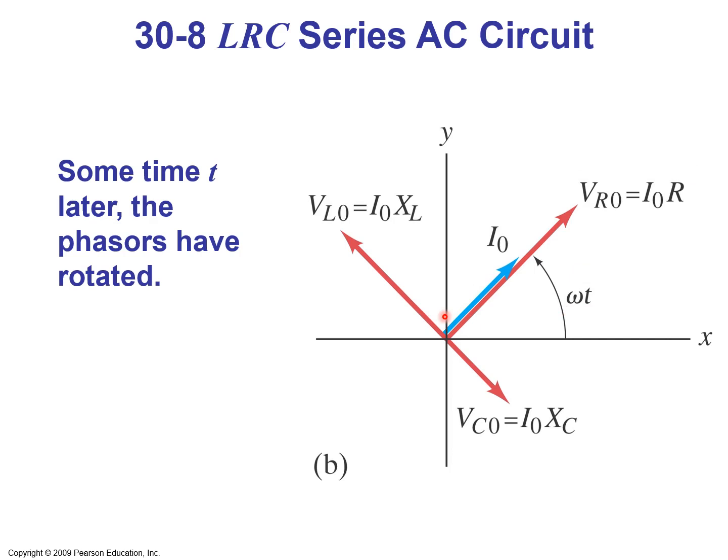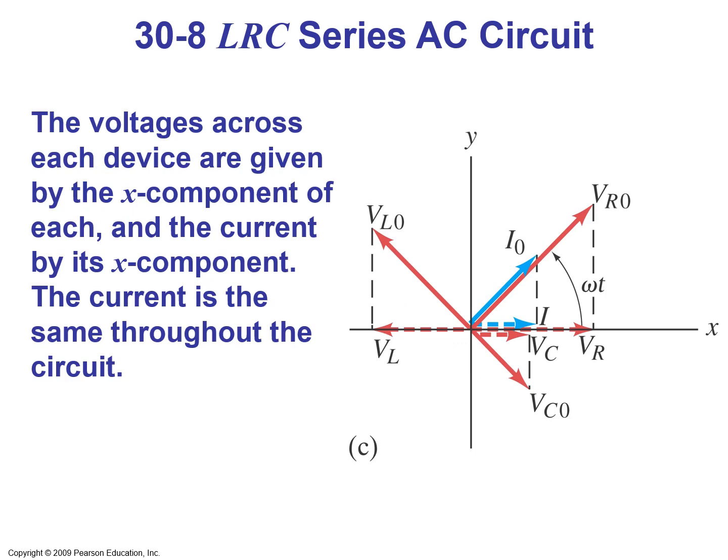So does the voltage across the inductance and the voltage across the capacitor. At various times, the voltages across each device are given by the x component of each, and the current by its x component. The current is the same throughout the circuit.